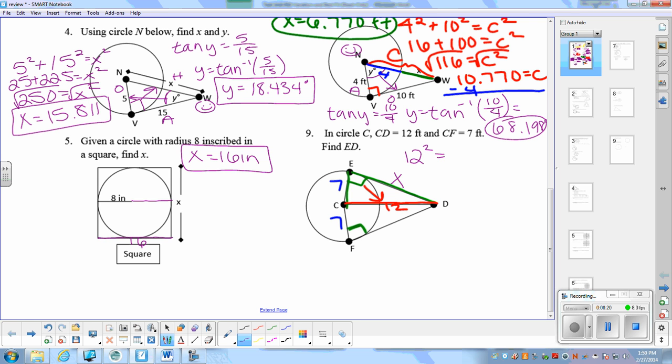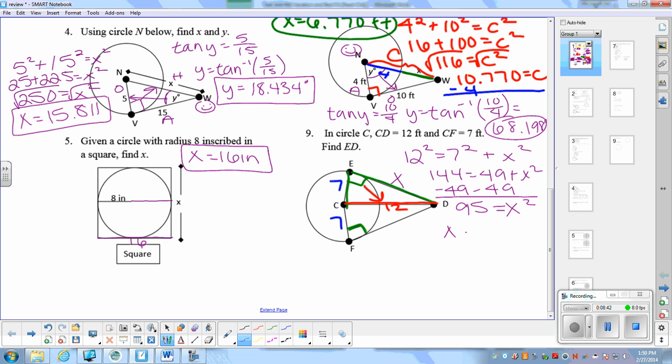So 12 squared equals 7 squared plus X squared. 144 equals 49 plus X squared. Subtract my 49. I get X squared equals 95. And I just have to square root that.